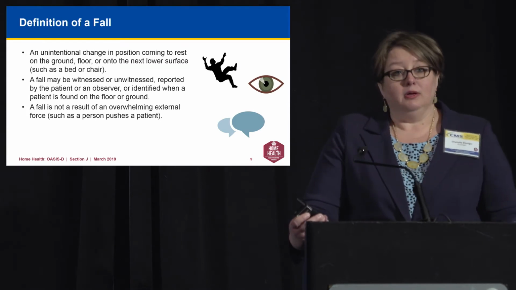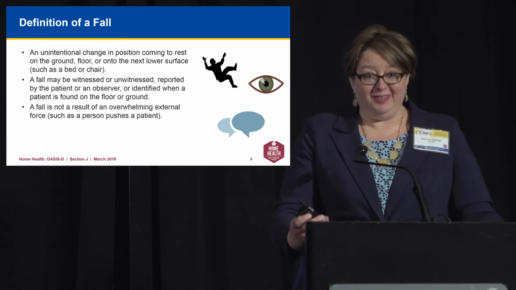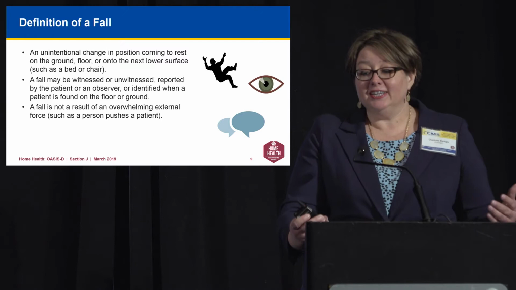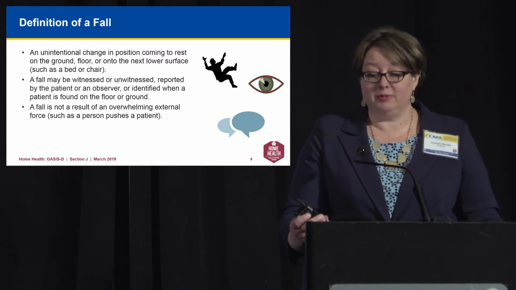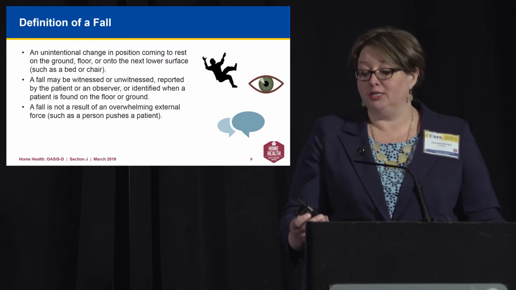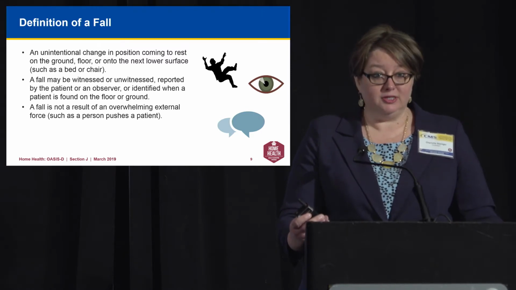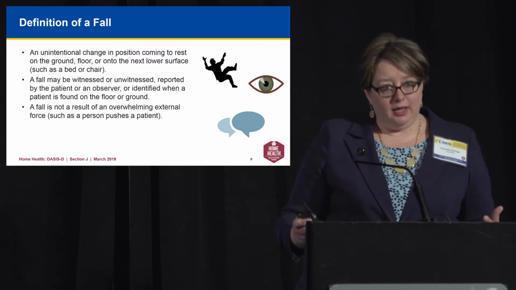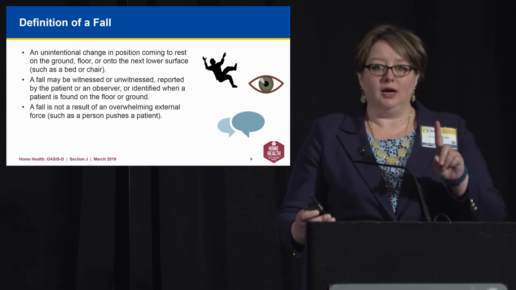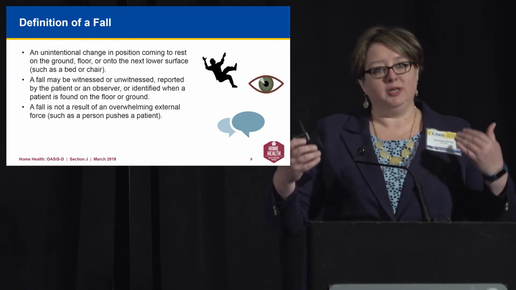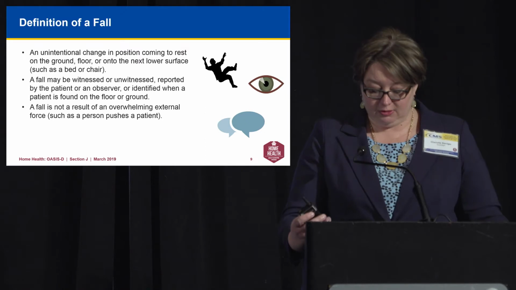So remember, as far as a fall is concerned for these measures, it is an unintentional change in position coming to rest on the ground, floor, or onto the next lower surface, such as a bed or a chair. Okay, so they were in one position and they moved to another position unintentionally, right? There was no intention to move to that lower surface.